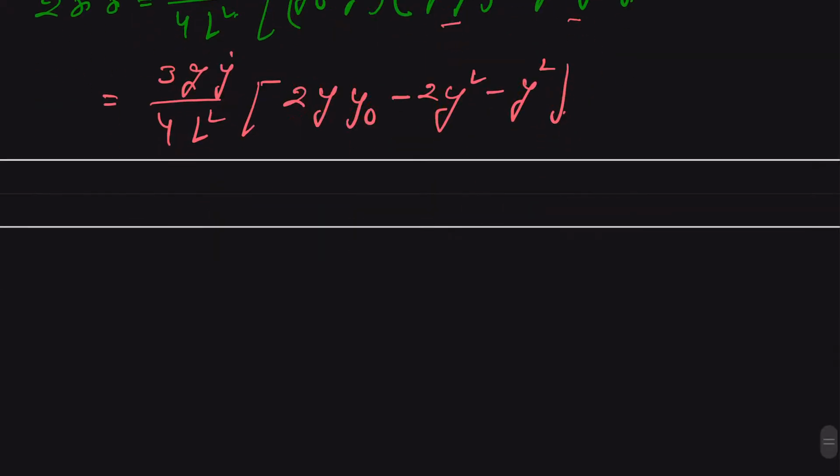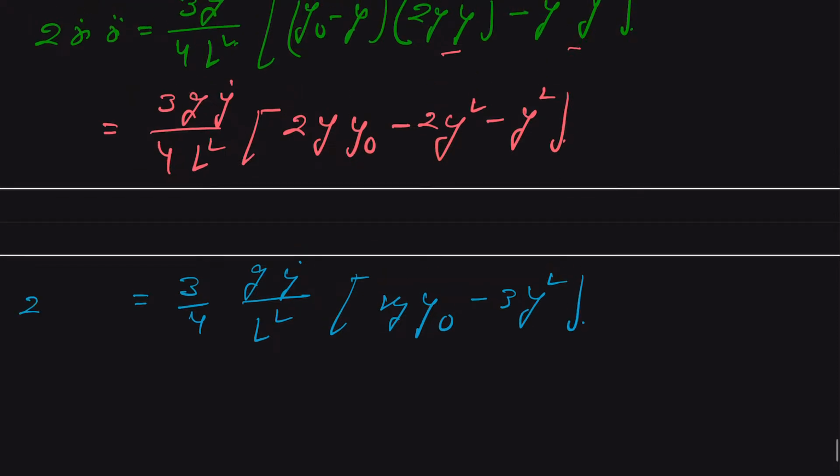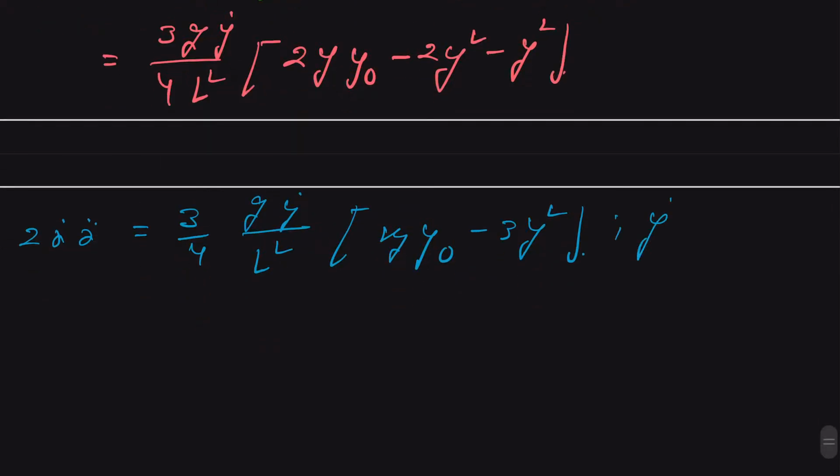Okay, so this gives us 3 by 4 g y dot L square, and we get this as 2y y naught minus 3y square, and this is equal to 2x single dot and double dot. And we already know that our y dot is equal to minus x upon y x single dot.